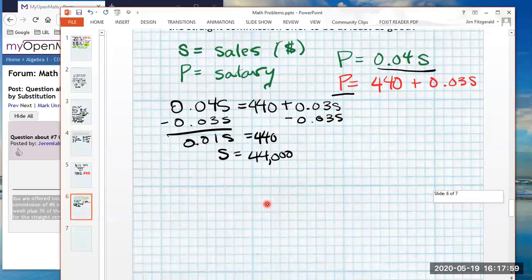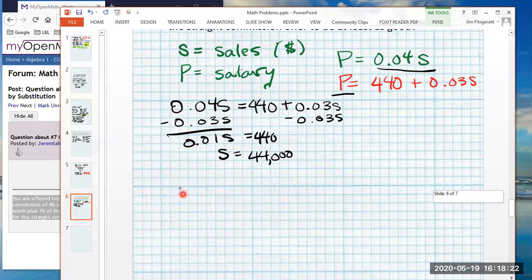All right. So what I'd like to look at and see is what would my pay be for this? So I'm going to go ahead and put $44,000 into one of these equations, and it doesn't matter which one because the pay will be the same. I'm going to do it into this first one here, just because it's easier to do.